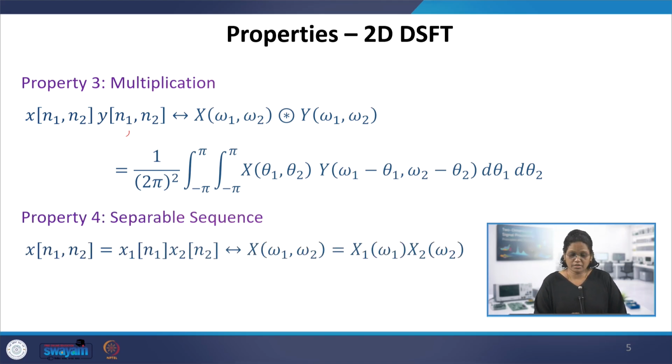The separable sequence is a very important property that we keep seeing everywhere in the convolution. If the 2D signal is separable, then that is how we extend 1D signal processing concepts to 2D.